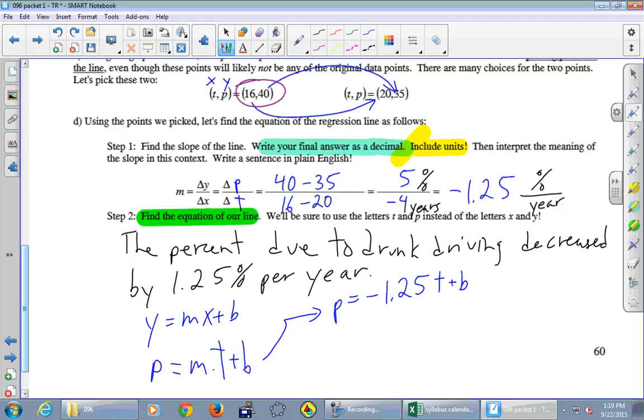Okay, so p becomes, that's the second guy, that's 40, equals negative 1.25 times t becomes 16, same point, just choose the other coordinate, plus the b, which we are finding.